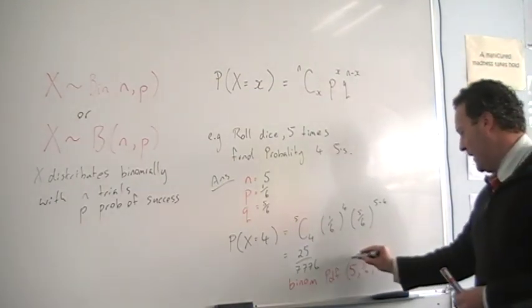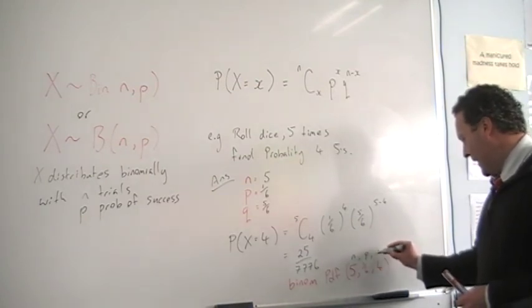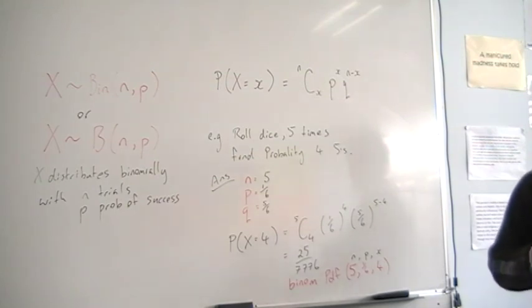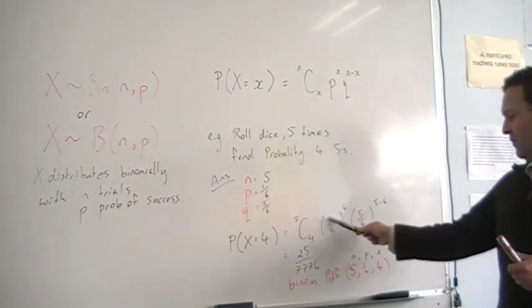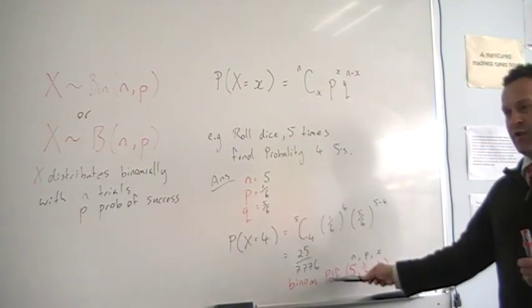So you need the n value, the p value, and the x value. If you're using your calculator, you need to know how to do it both ways. All right, so see if you can do that on your calculator.